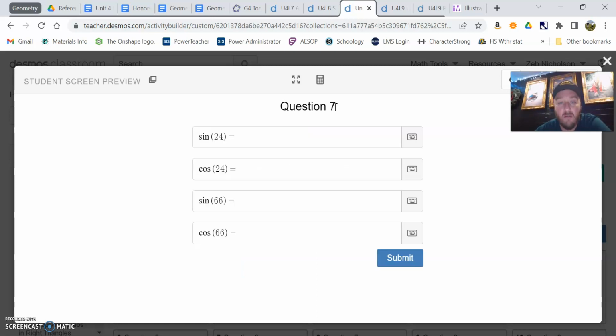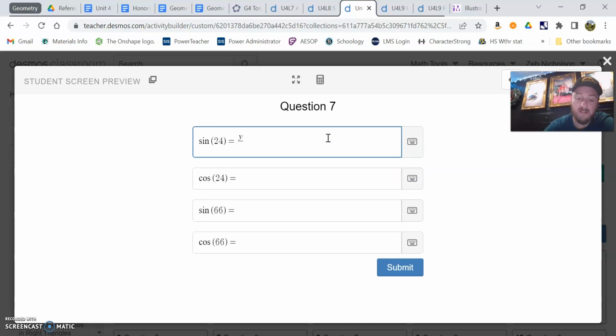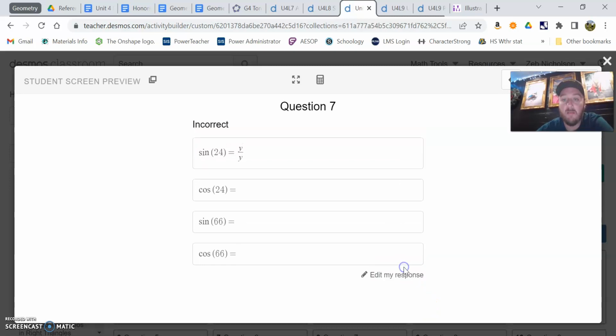If you keep going though, we do find question 7 on Desmos does in fact correspond to question 5 for us. So I believe you are able to say sine of 24, that's y divided by 7. Let's see what happens. Incorrect.